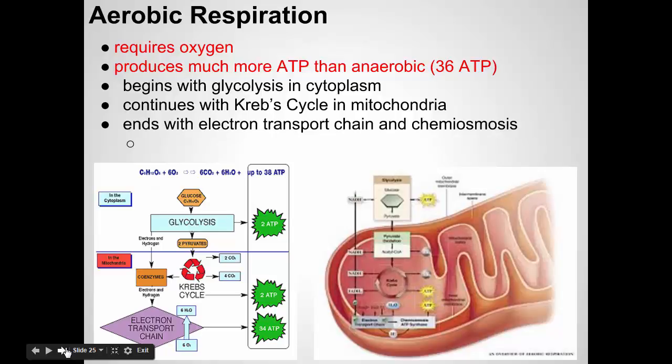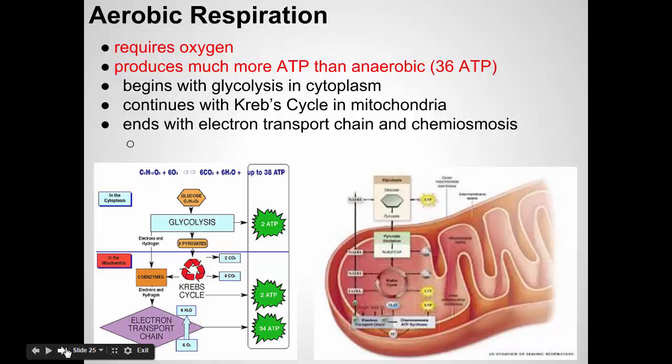So if we look at that, glycolysis produces 2 ATP. Then, as that pyruvic acid goes through the Krebs cycle, we release 2 more ATP. This is also where the carbon dioxide comes from, because we're breaking down these larger carbon molecules and oxidizing them a little bit at a time.